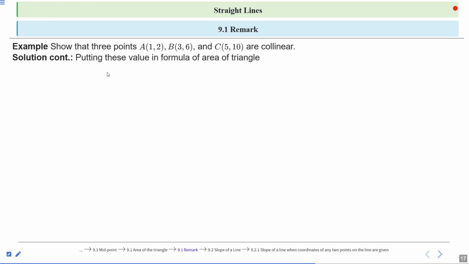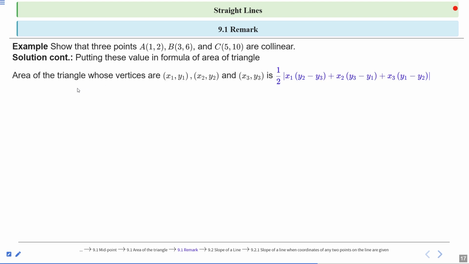So putting these values into the formula of the area of a triangle: 1/2 modulus of x1 times (y2 minus y3) plus x2 times (y3 minus y1) plus x3 times (y1 minus y2). Now put the values of (x1, y1) that is (1, 2), (x2, y2) that is (3, 6) and (x3, y3) that is (5, 10) into the formula.